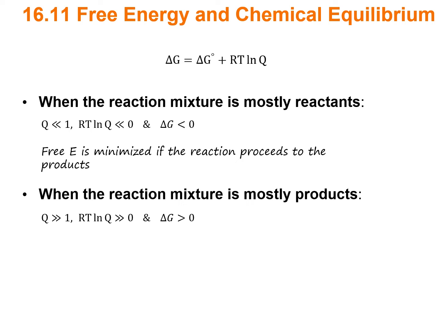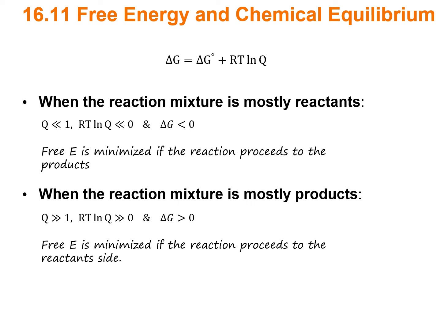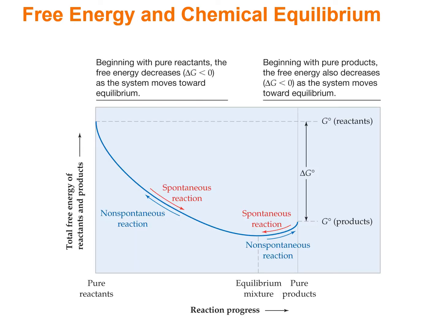That means RT ln of Q is going to be a value that's much greater than 0. And that means that delta G is going to be greater than 0 when we're mostly products. And so if that's the case, the free energy is going to be minimized if we have the reaction proceed to the reactant side. And so here you can see free energy in this chemical equilibrium.